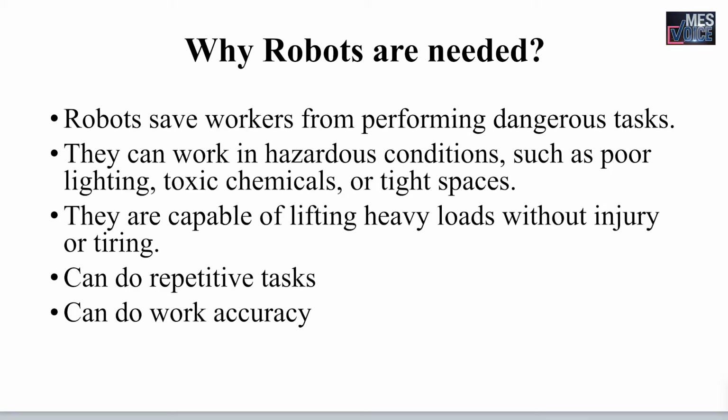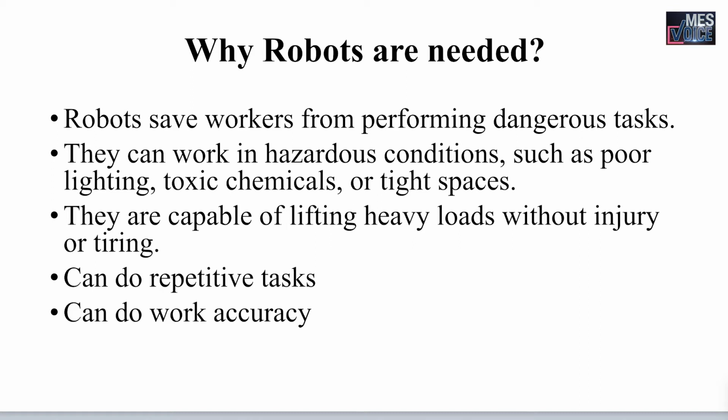We can see why robots are needed in the current scenario. What is the main requirement of a robot in the current situation? Robots save workers from performing dangerous tasks. That means robots can be used in dangerous applications such as die casting, plastic molding, etc., where temperatures in such circumstances are too high for a human being to withstand.